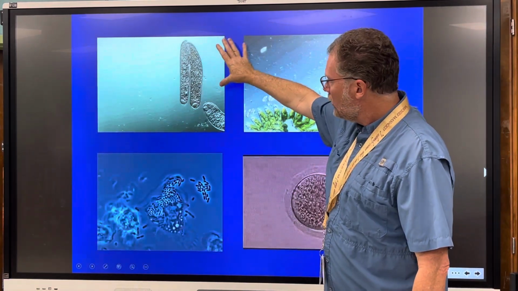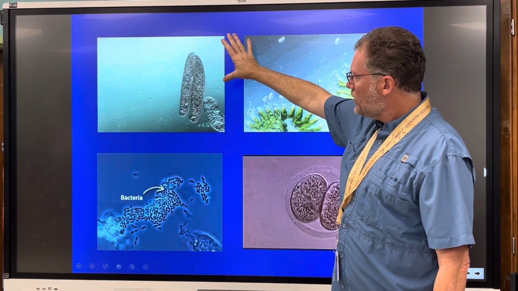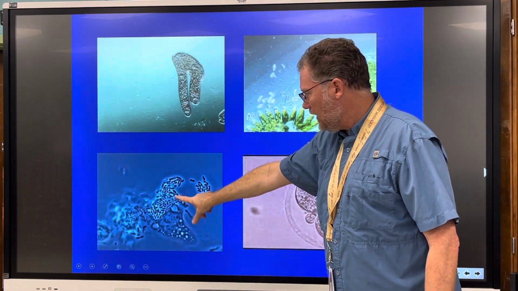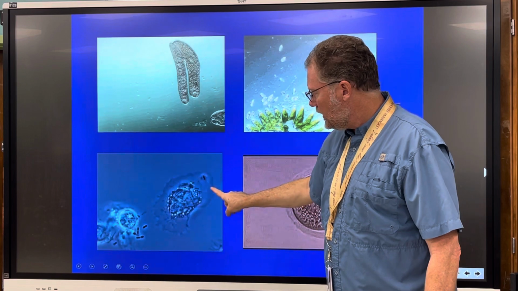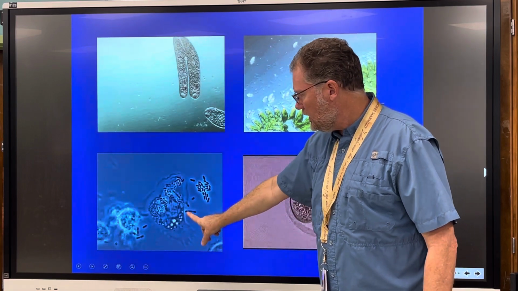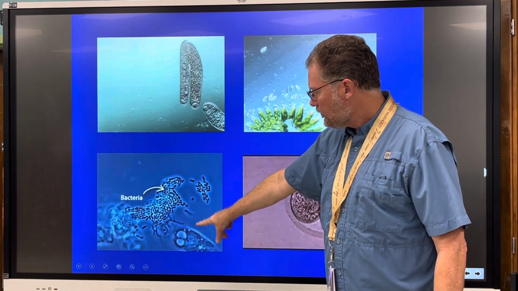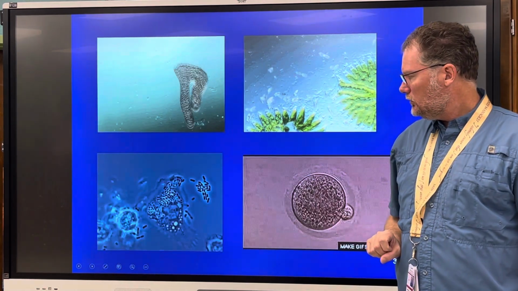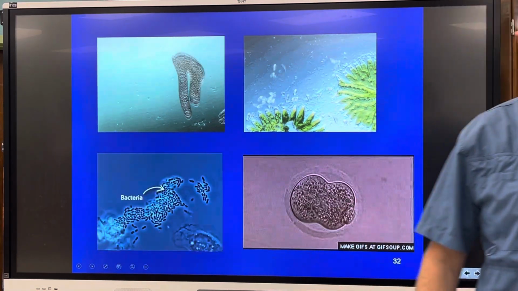Here are some more paramecium-like organisms, and here are bacteria replicating, or actually they're being eaten. The bacteria are being eaten by a white blood cell. Look at that. So these are white blood cells coming in and eating up the bacteria. Pretty cool.